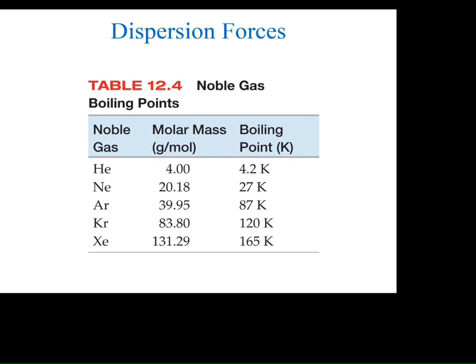As they get heavier and have more electrons, here we have 2 electrons, 10 electrons, 18 electrons, 32 electrons, etc., we can begin to imagine them all winding up on one side or another.